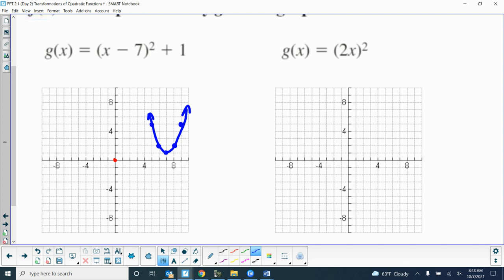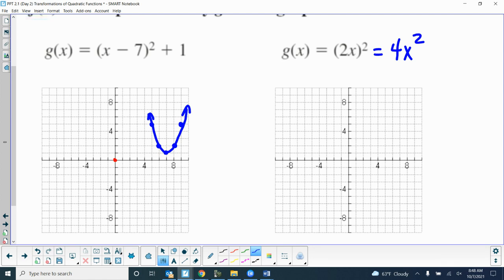So there's our 5 points. Okay? What's this one telling us? When we're doing it to the x, we're changing the x part, right? First of all, I like to clean that up, right?